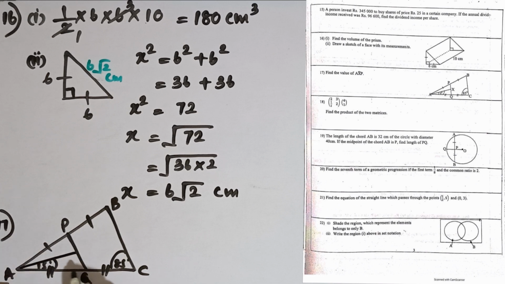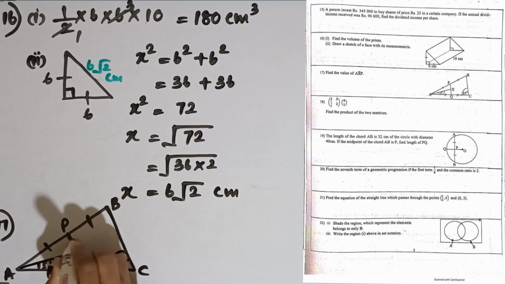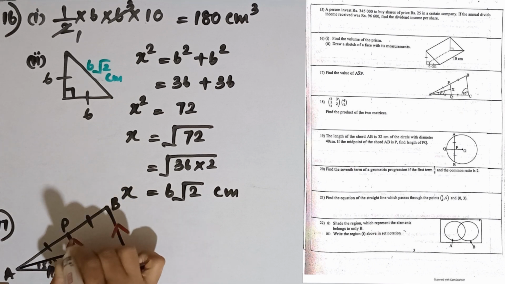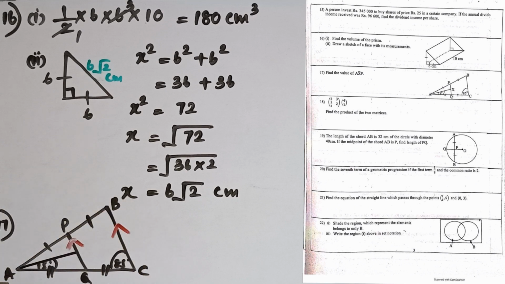Here we can use the midpoint theorem. As these two parts are equal, PQ should be parallel to the side BC. So the magnitude of this angle is also equal to 85 degrees by using corresponding angles.